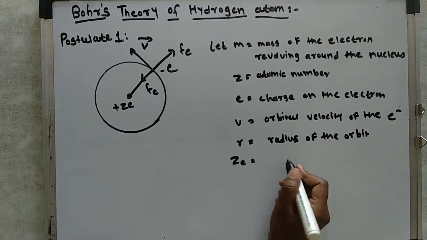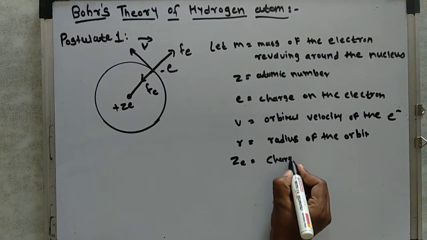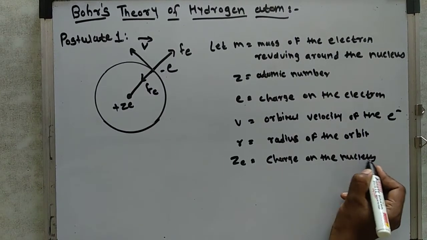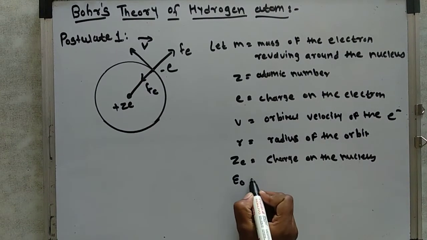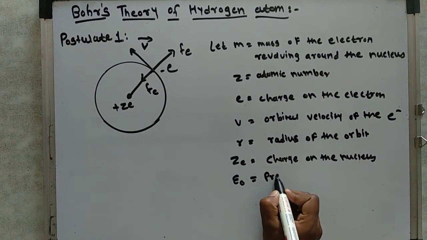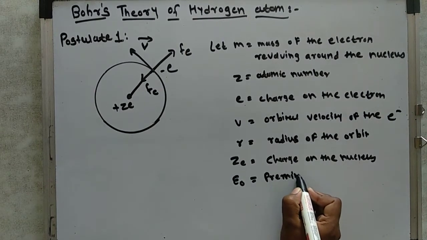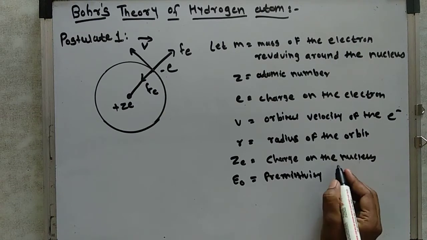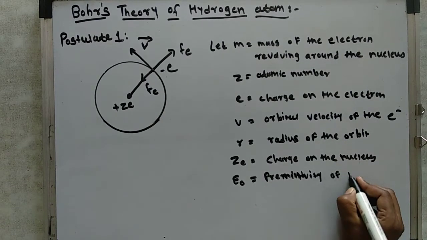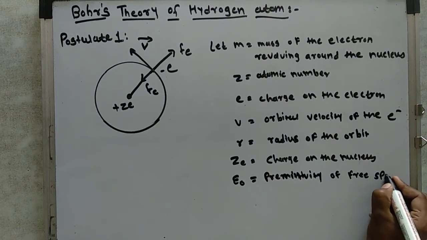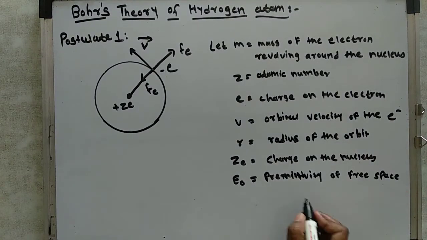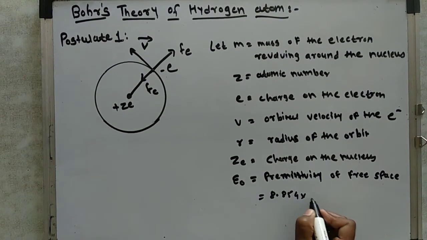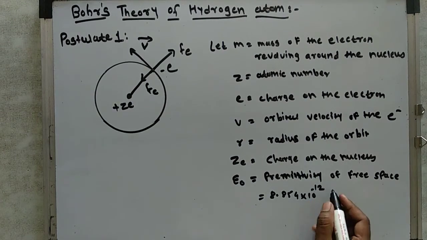Ze is equal to the charge on the nucleus. Epsilon naught is equal to the permittivity of free space, which is equal to 8.854 into 10 raised to minus 12.